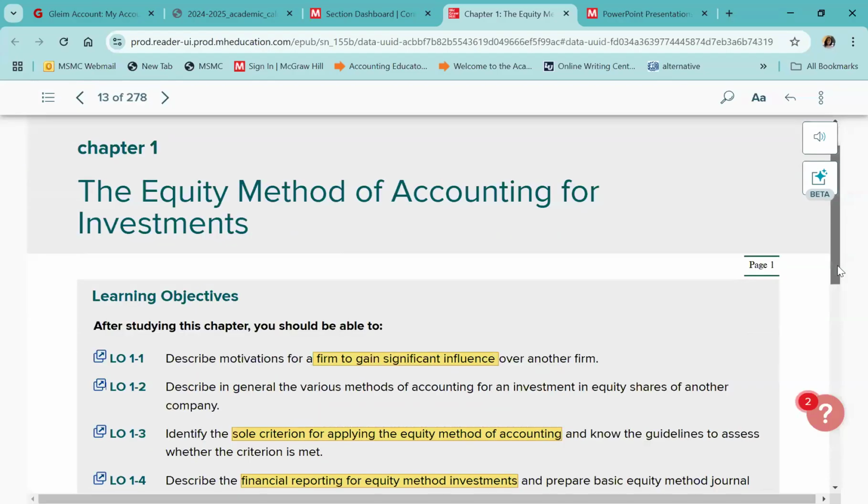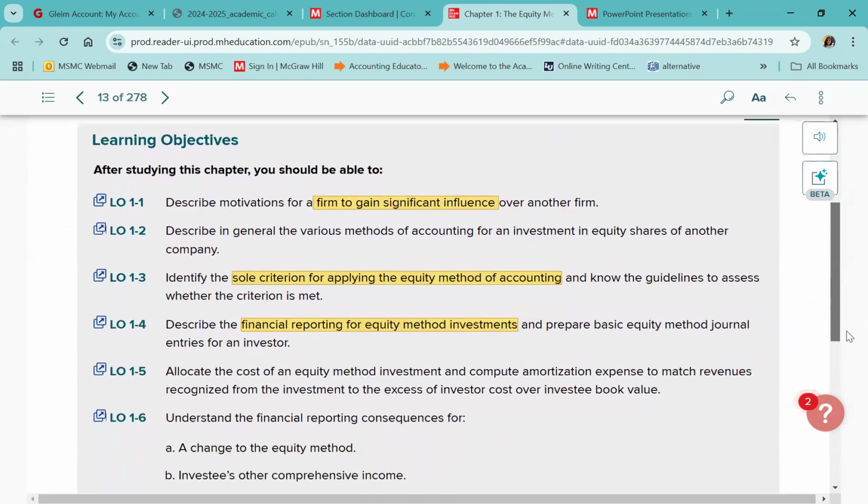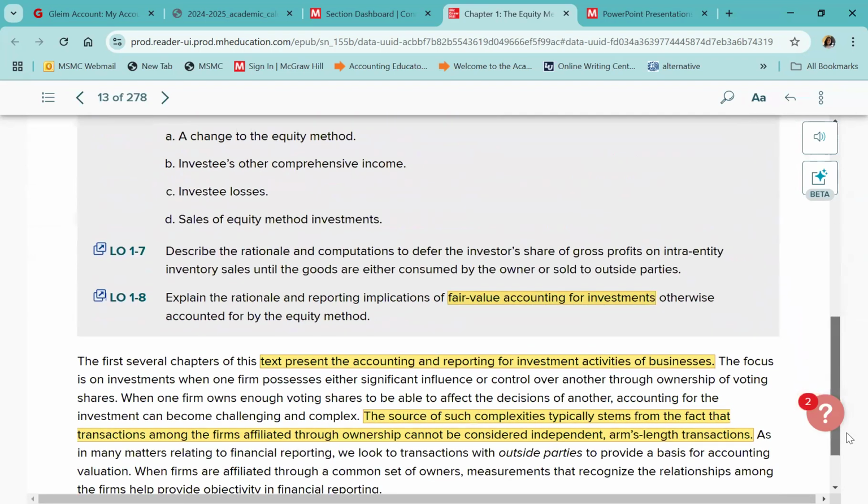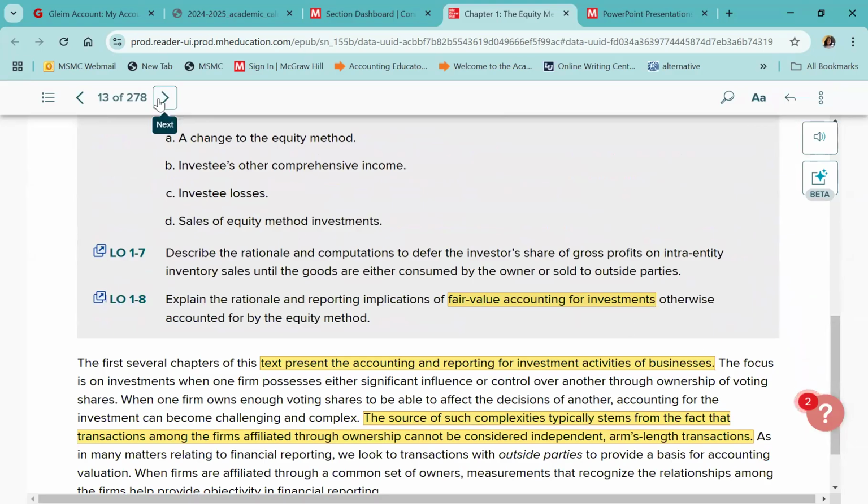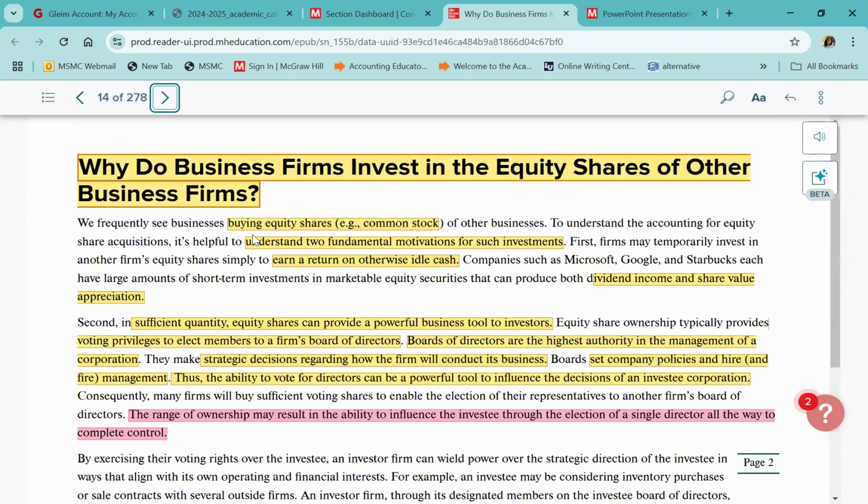And what are we going to learn about in chapter 1? So, a lot of companies have a lot of cash that is idle, and it's a good investment if they purchase stocks in another company. And usually they buy common stocks. So when company A purchases stocks in company B, company A is the investor.